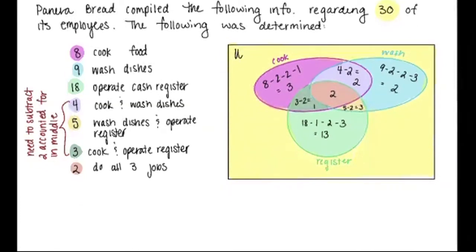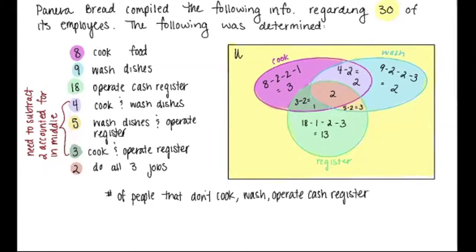So when we want to find the number of people that don't cook, wash, or operate the cash register, from these 30 employees, I've got to subtract the numbers we have accounted for.